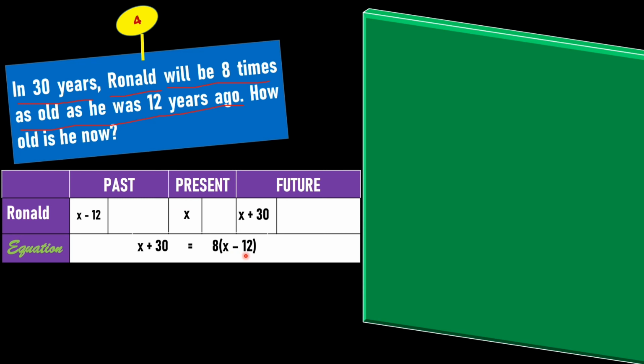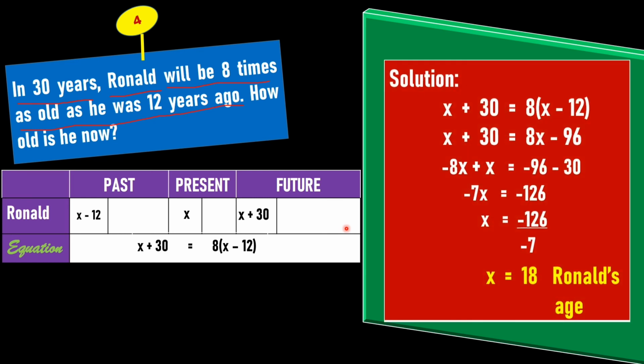This is past. Okay? So this is now the equation. We can now solve for this equation. So we have x plus 30 is equals to 8 times x minus 12. So distribute 8 times x, 8x, 8 times negative 12 is negative 96.